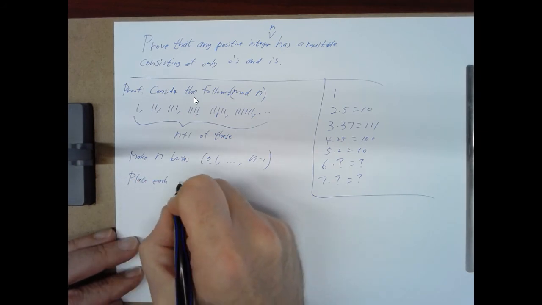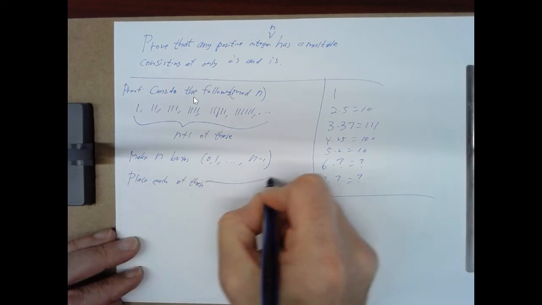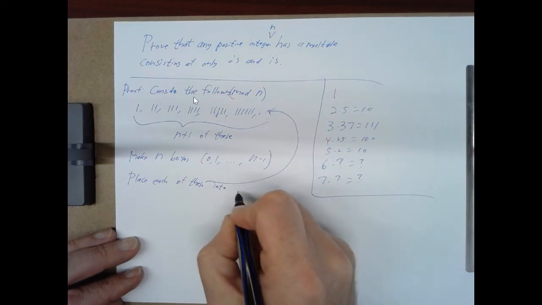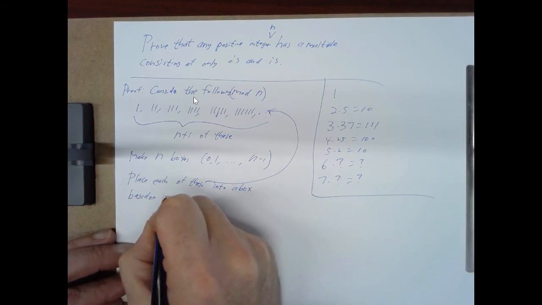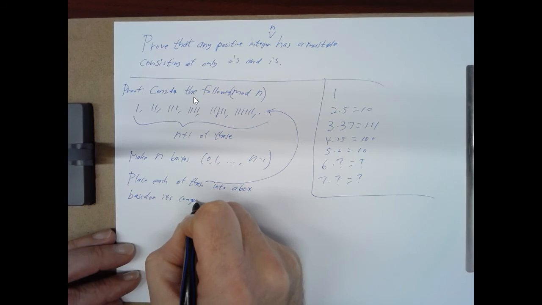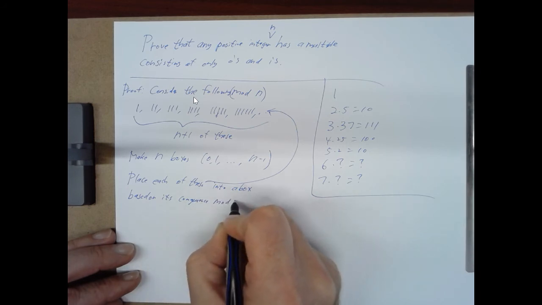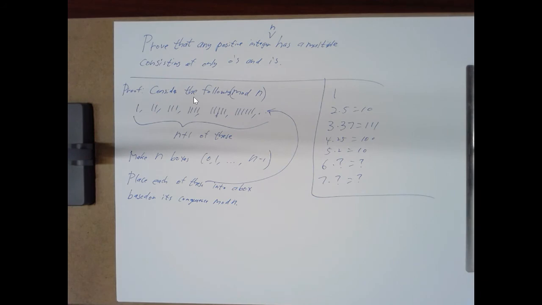Place each of these into a box based on its congruence modulo n. So take each of those numbers, put it into one of our n boxes. Well, we have n plus 1 numbers, and we're placing them into n boxes. What does the pigeonhole principle tell us? At least 2 of these share the same box.